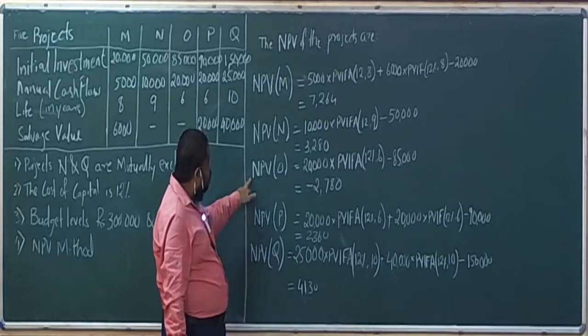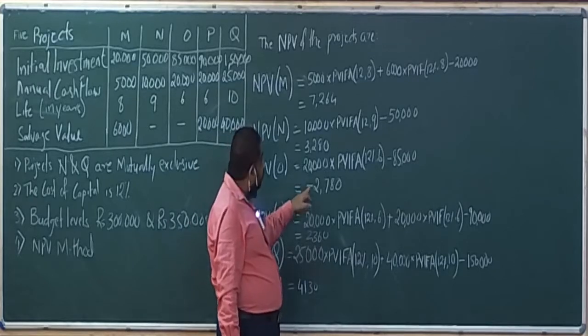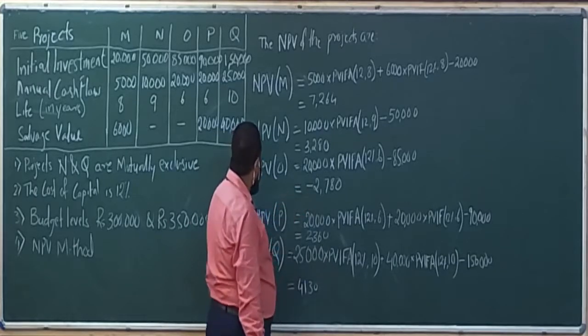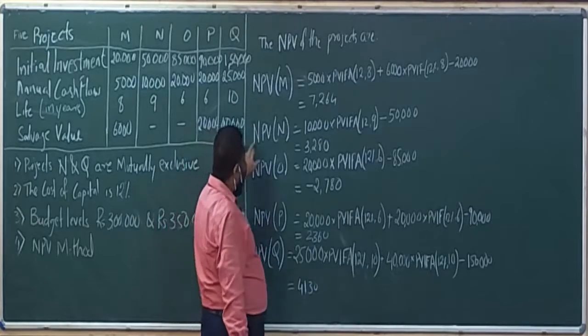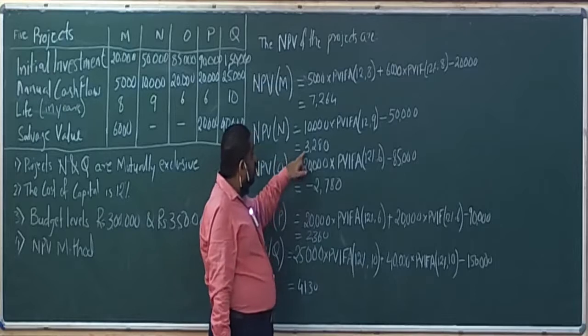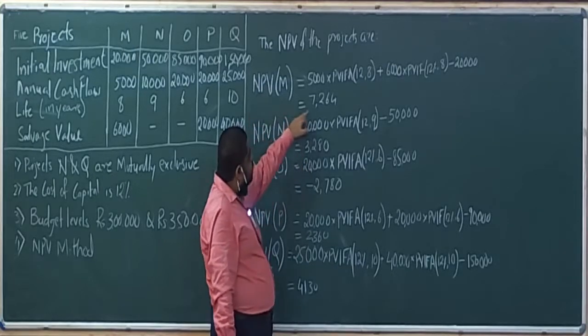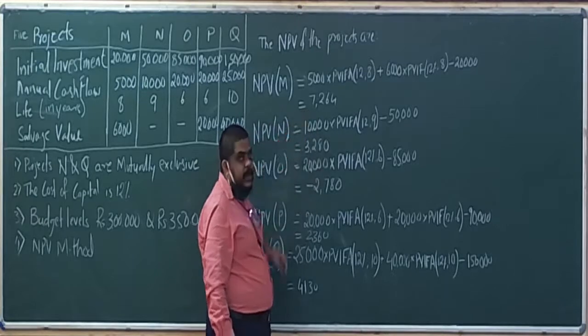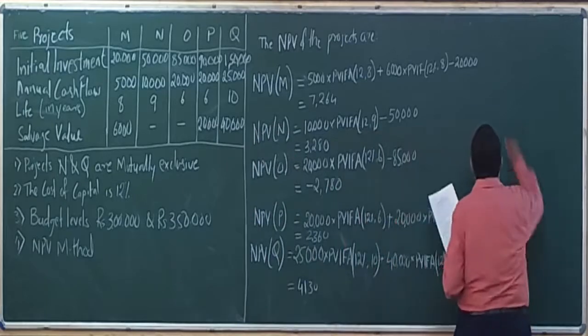For project O, the NPV is negative, that is minus 2,780. And for project N, the NPV is 3,280. For project M, the NPV is 7,264. So let us move on.